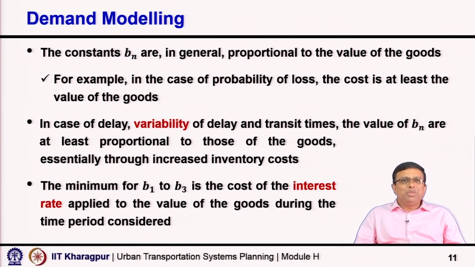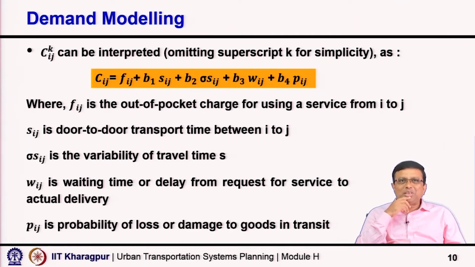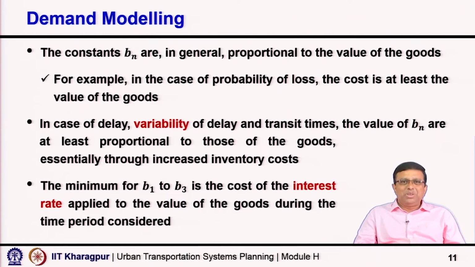And what could be the minimum values of B1 to B3? You can see that B1 is associated with Sij, which is door to door transport time, B2 is associated with the variability in time, and B3 is associated with the waiting time Wij. For B1 to B3, the minimum values are the cost of the interest rate applied to the value of the goods during the time period considered.